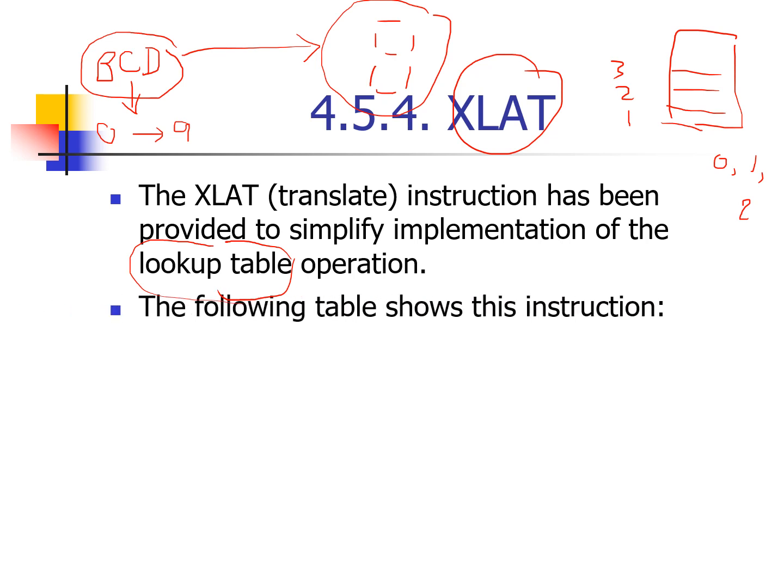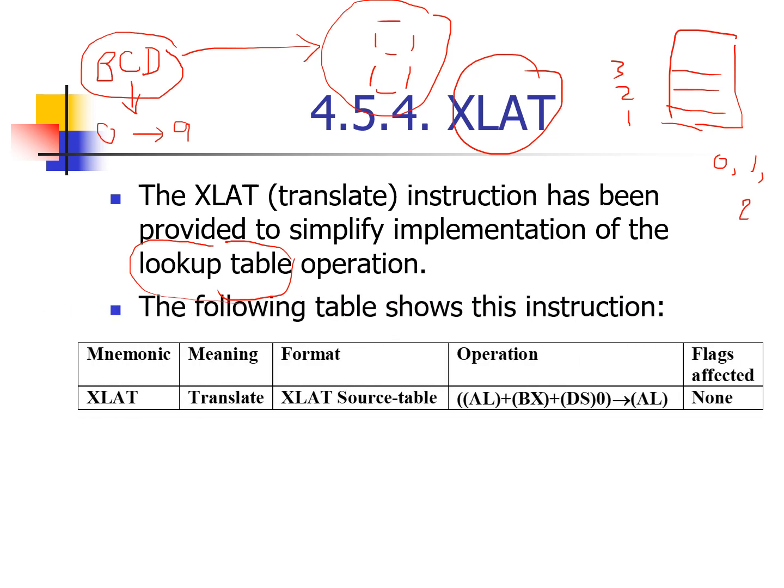How would you do this? When you write this instruction, translate, and you give the source table, what this instruction does, it goes to the data segment, gets the physical address, adds to it the content of AL, and whatever byte is placed here is sent to AL.